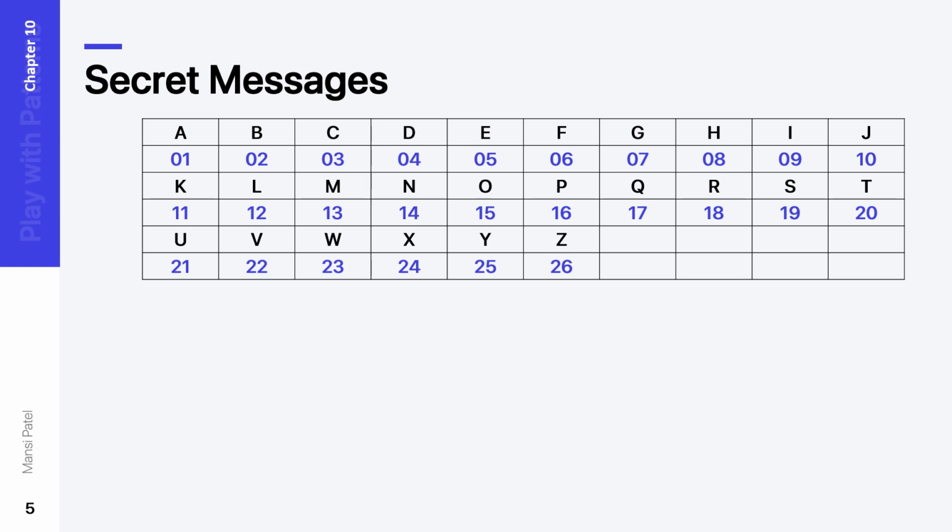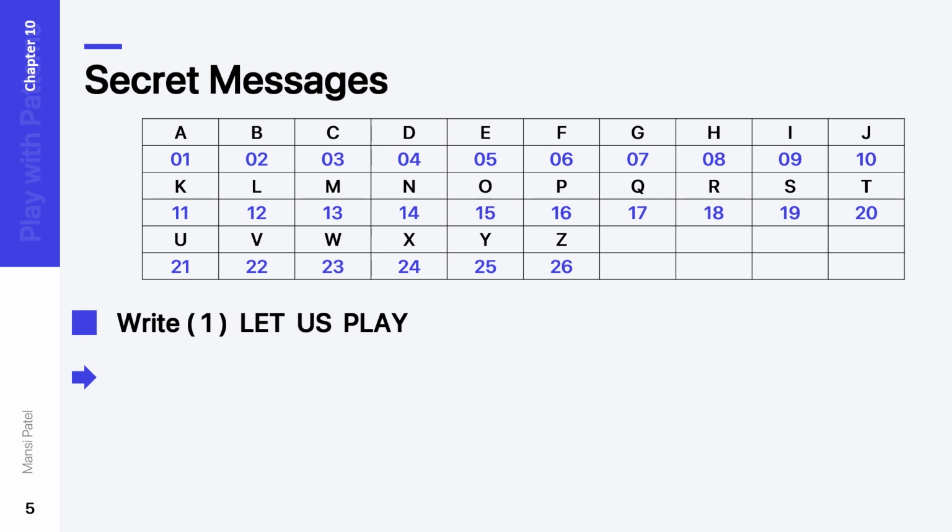Now, if I want to write "let us play", how can we write it? We are not supposed to write "let us play" directly. In our coding language, how can we write it? So see here. Which number shows L?